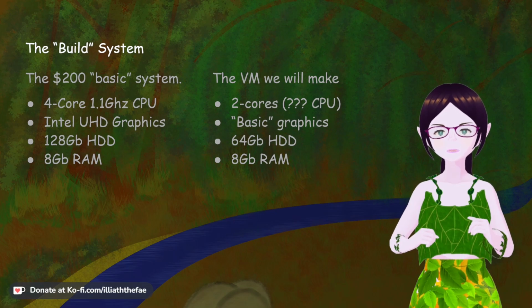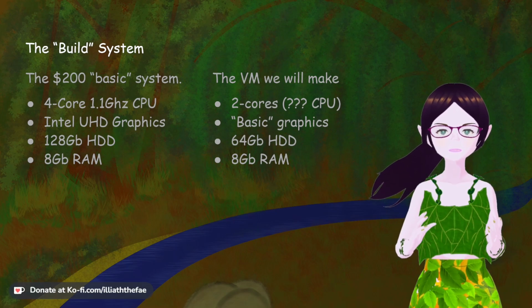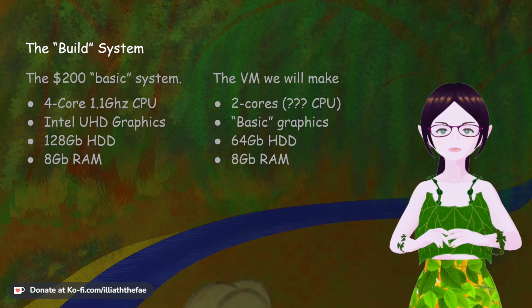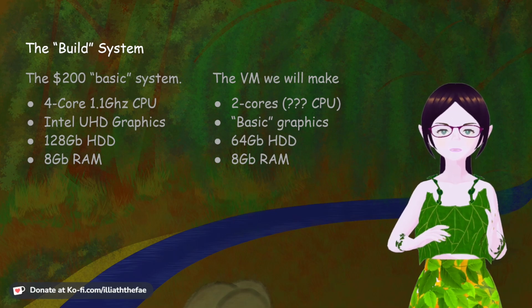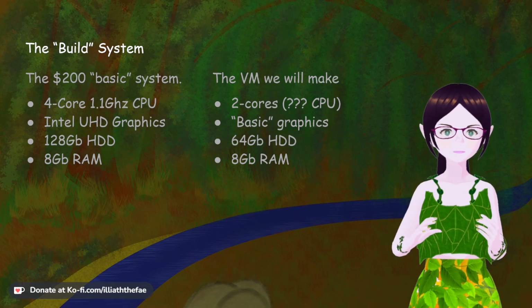To summarize these for those listening and not watching, it's possible to get a basic system at this time for $200 that happens to be a Windows computer with a 4-core 1.1 GHz processor, Intel UHD graphics, 128 GB of hard drive space, and 8 GB of RAM.